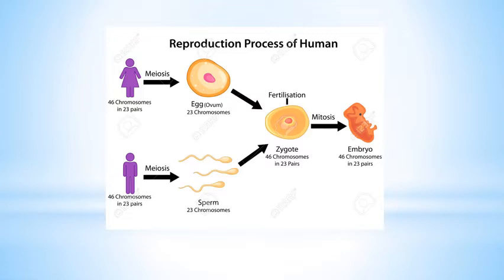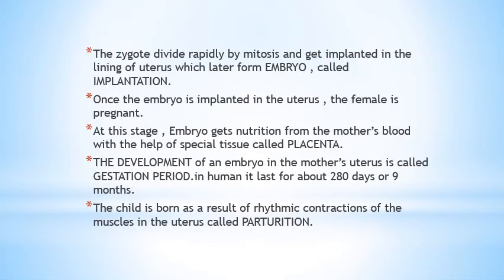This is the process of the sexual cycle in females. The zygote divides rapidly by mitosis and gets implanted in the lining of the uterus, which later forms the embryo, called implantation. Once the embryo is implanted in the uterus, the female is pregnant.